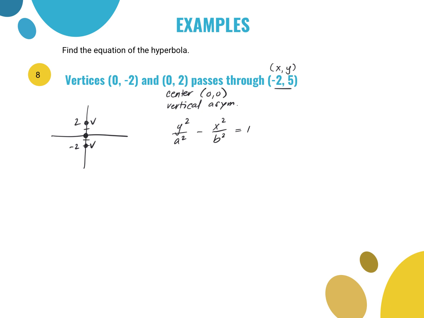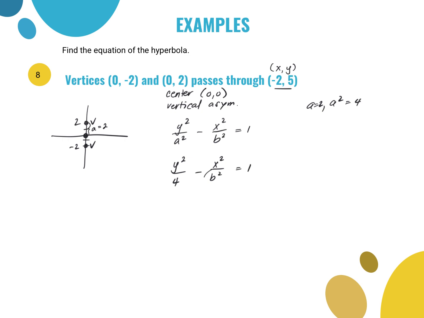And so one thing I know that I can do here, I notice that the distance between the center and my vertices, this is my a value, is 2 units. And so I know that y squared over 2 squared, right? If a equals 2, then a squared equals 4, right? So it's over 4 minus x squared over b squared equals 1.